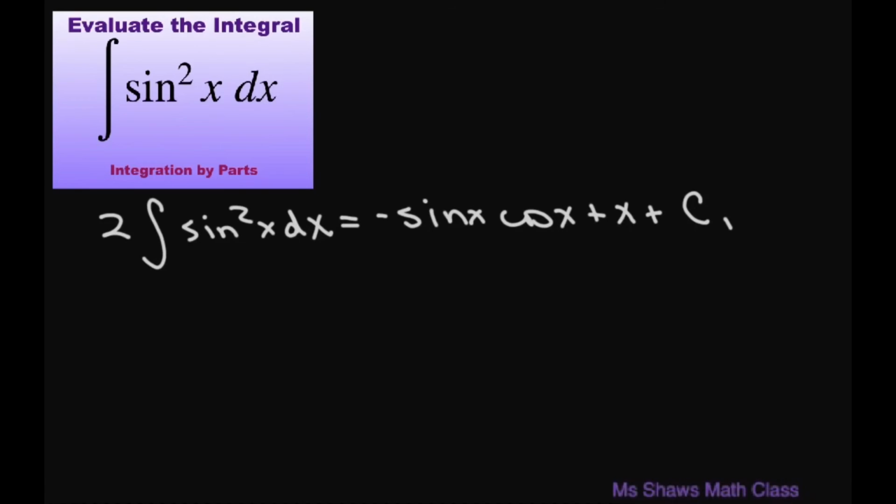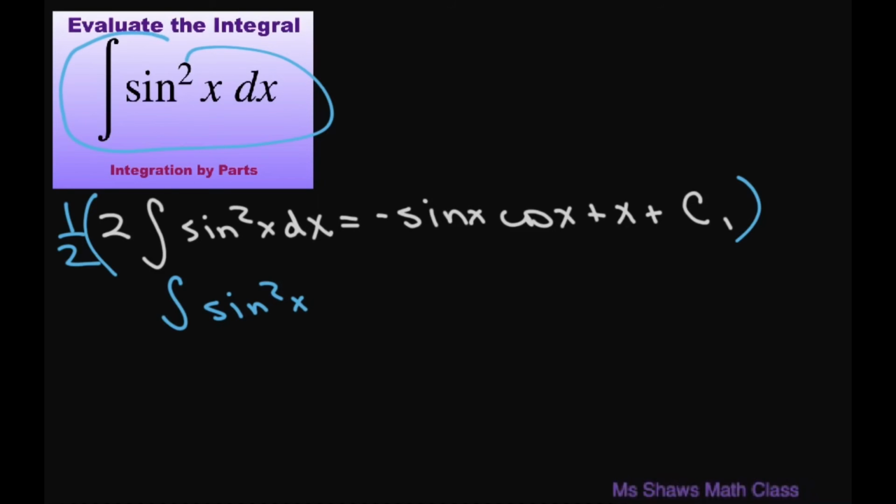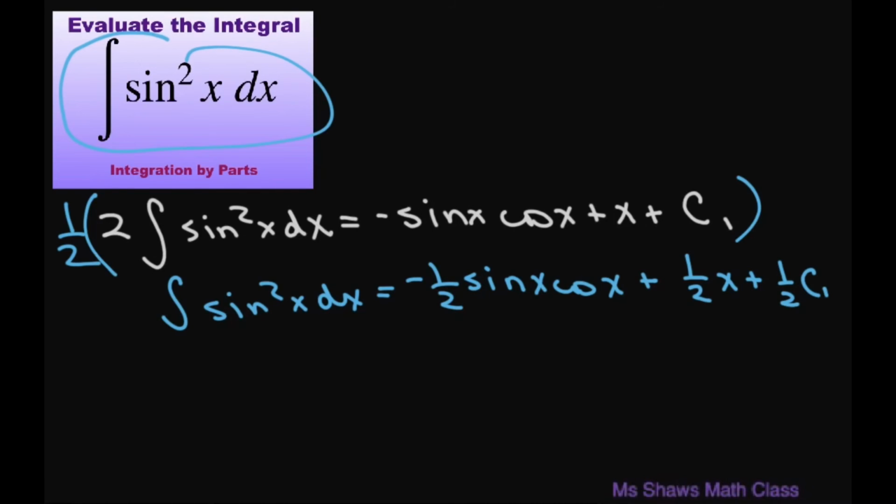Now we want to evaluate this, so just divide each of these by 2 or multiply through by 1/2. This is going to give you the integral of sine squared of x dx equals negative 1/2 sine of x cosine of x plus 1/2 x plus 1/2 c1.